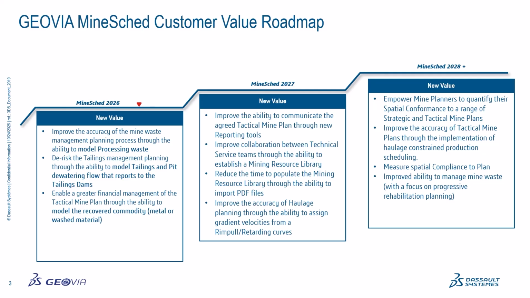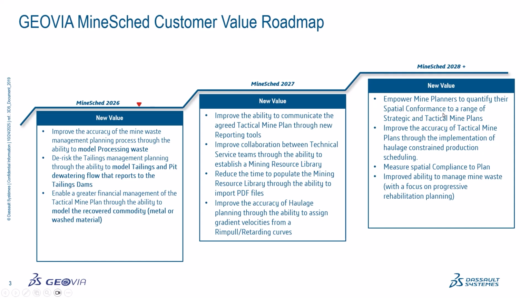We're still keeping the table, because rimpull tables can be handy if you've got your own measurements you wish to put in. But most people just expect to see a curve and to be able to have the velocities worked out from the curve in the solution. So those are the three key things we've got focused on for the MineSched 2027 release.